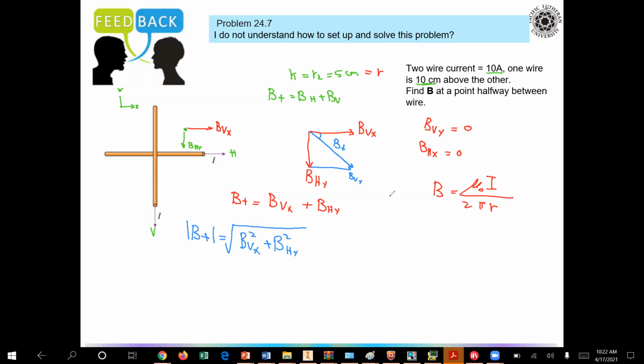What is the value for both B's? I have R equal R, current equal current. So basically those two components are equal.